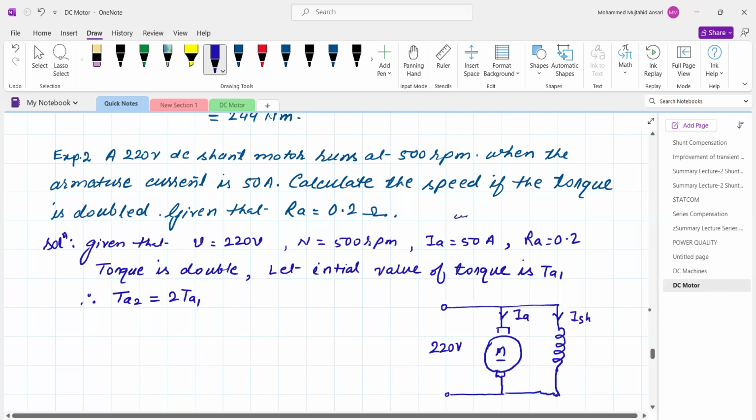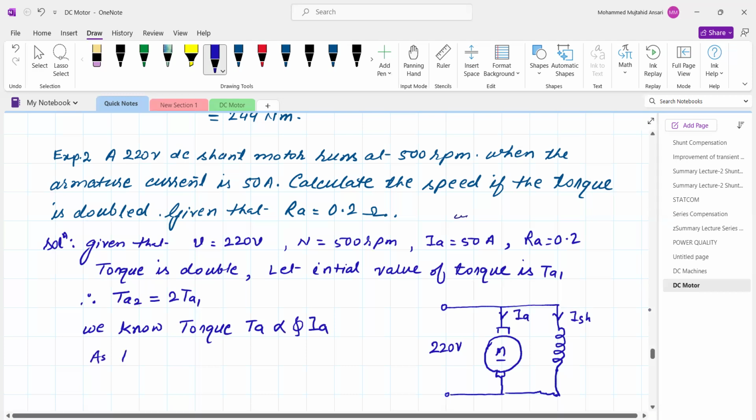So we know the armature torque TA is directly proportional to flux into armature current.